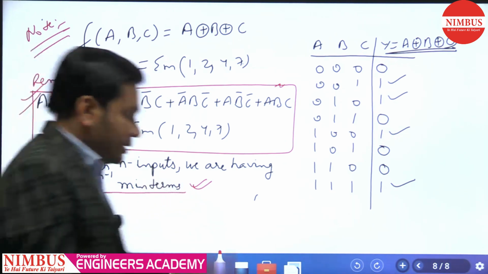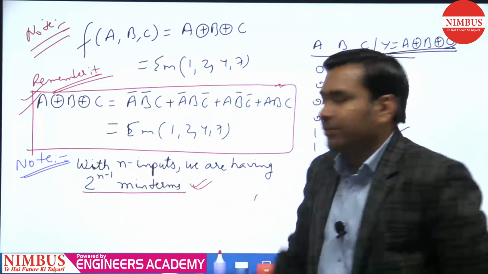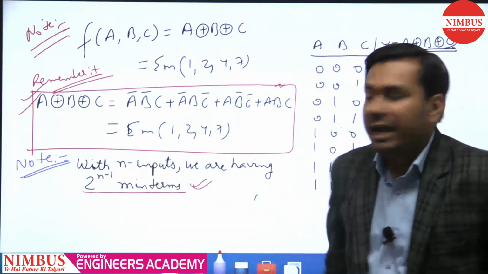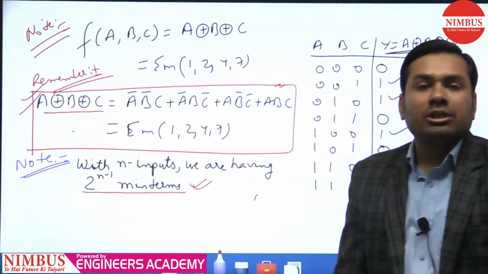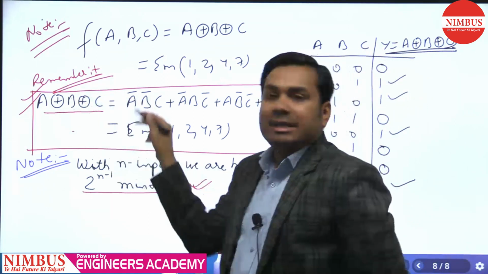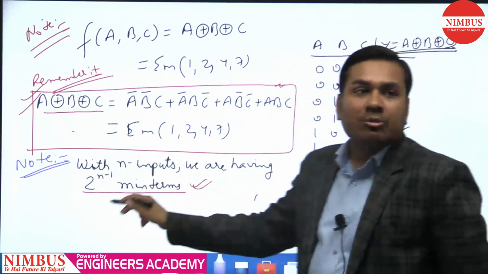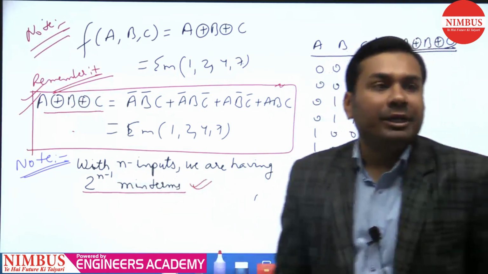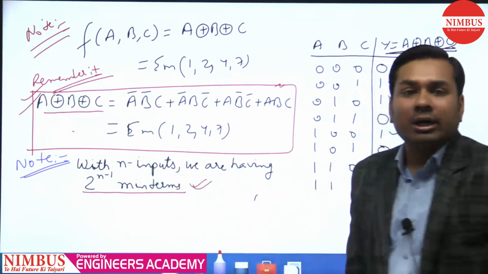Clear? Note it down. Basically, the second note is that in XOR, if we have n inputs, like for A XOR B XOR C we have 3 inputs, so the value of n is 3. For n inputs we have 2 raised to power n minus 1 min terms.